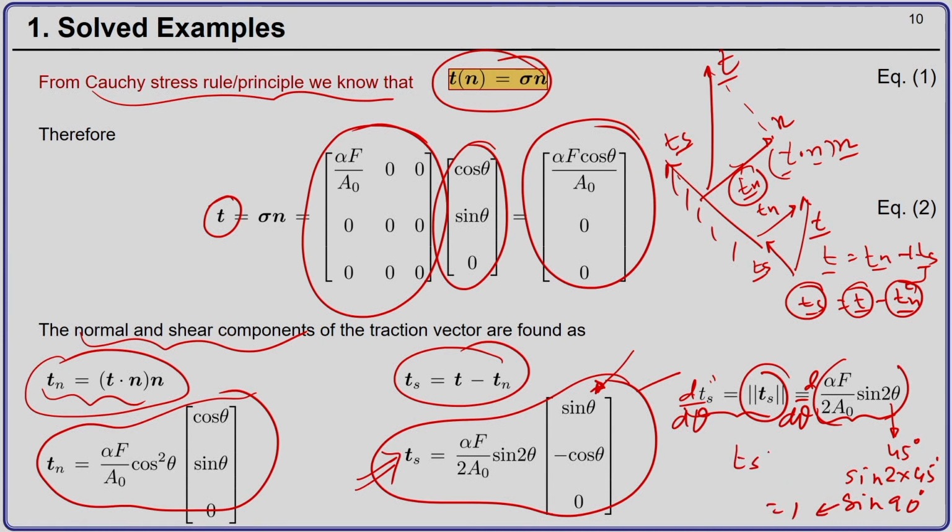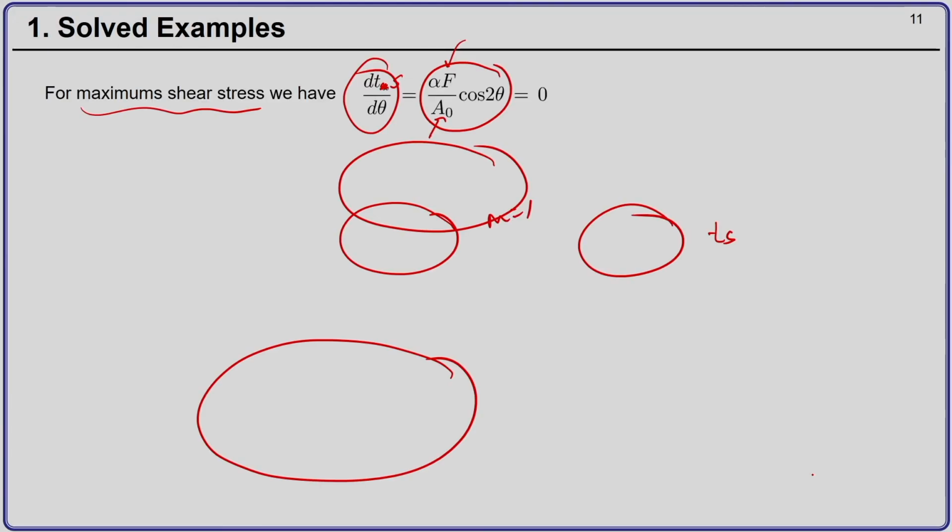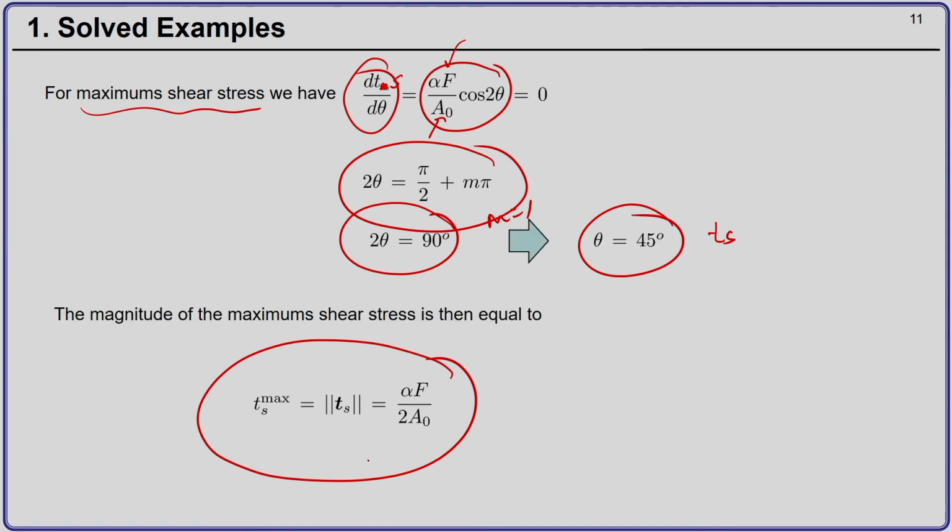Therefore, the maximum value of the shear is alpha F by 2A_0. Okay. So, now you know the angle at which the shear stress is maximum in the spatial configuration, and this is the maximum value.